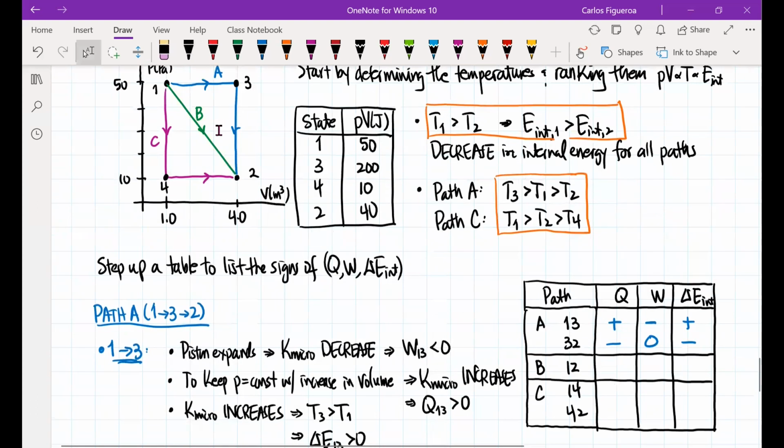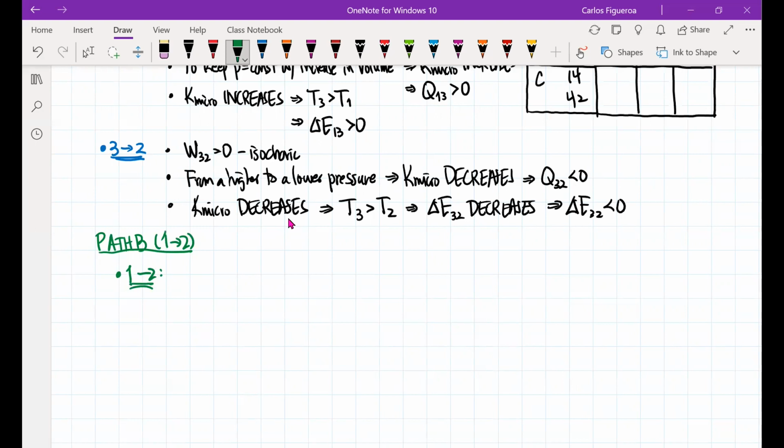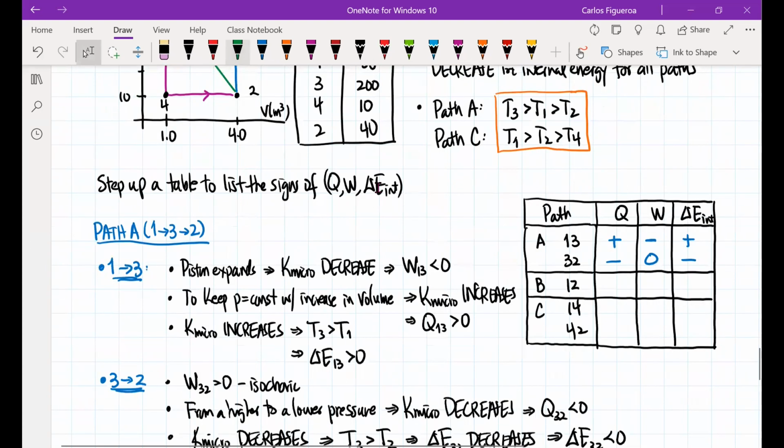So now let's look at path B. I'm going from 1 to 2 here. There's only one path, so I have to go from 1 to 2. What do I know here? If there's an expansion, then the only way to expand is that the microkinetic energy decreases.